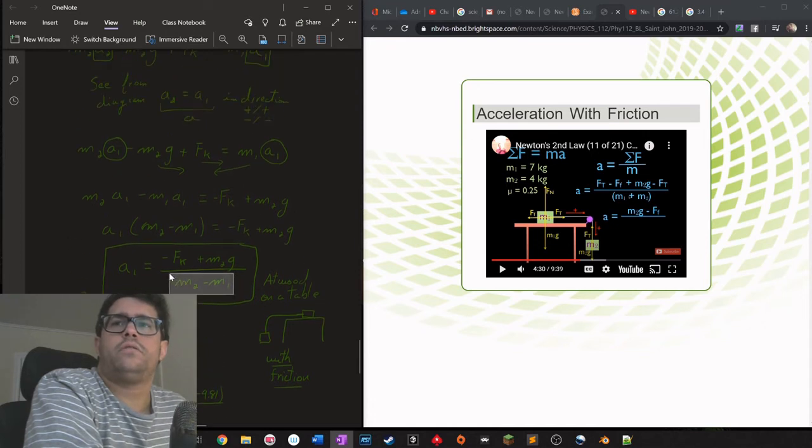So we get this from this part, which is this part. And if this was a plus M1A, then this would be a minus M1A1.